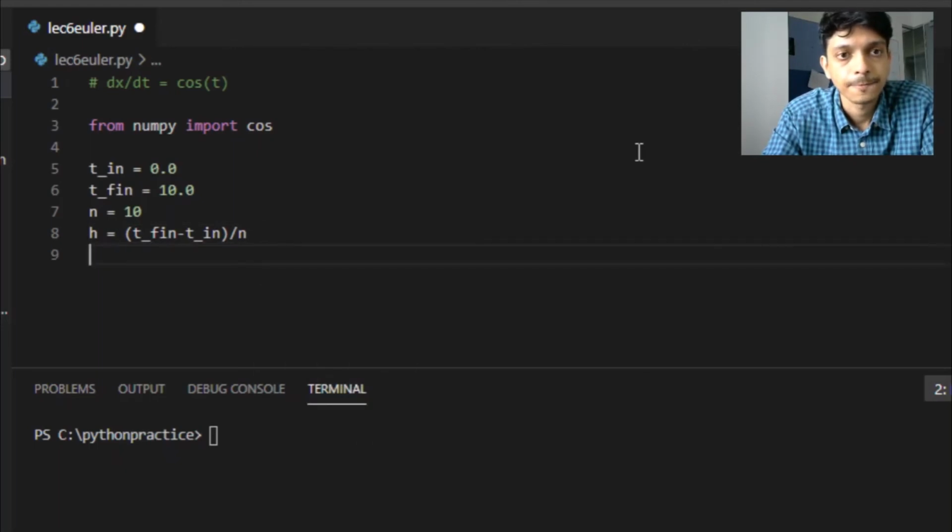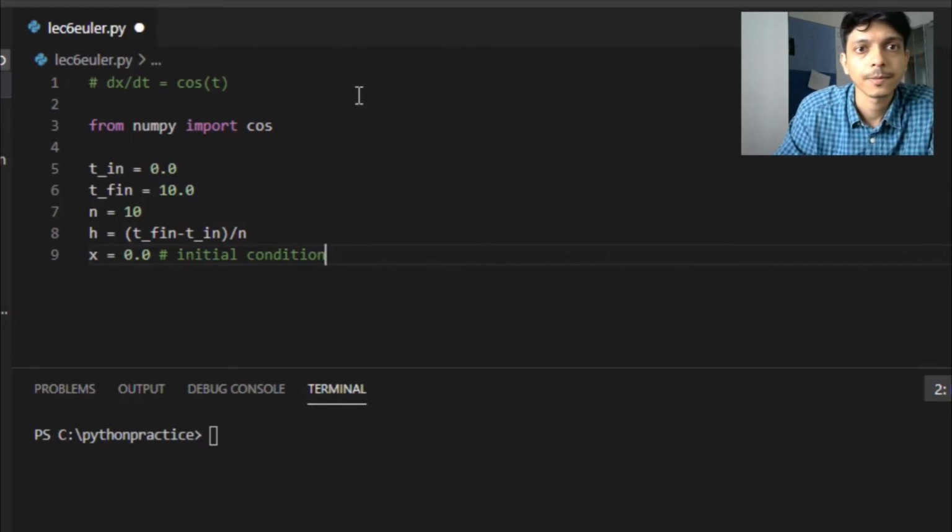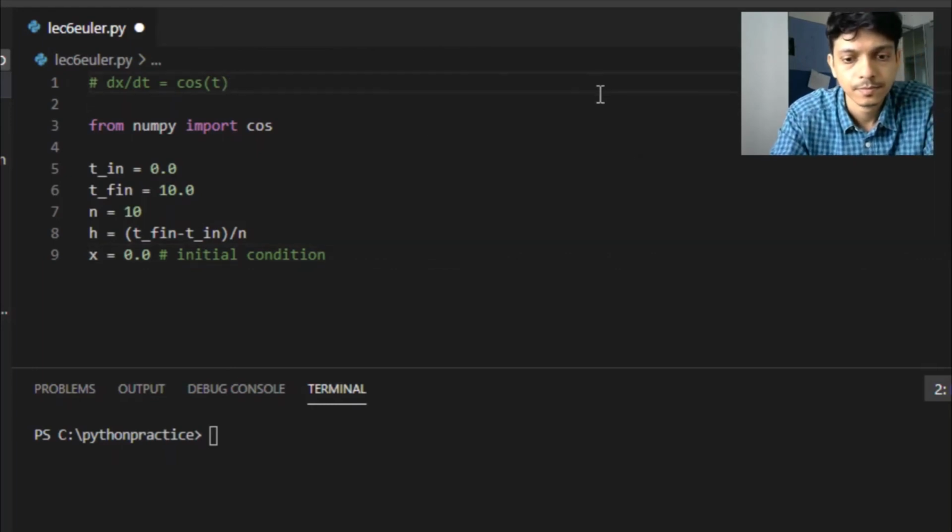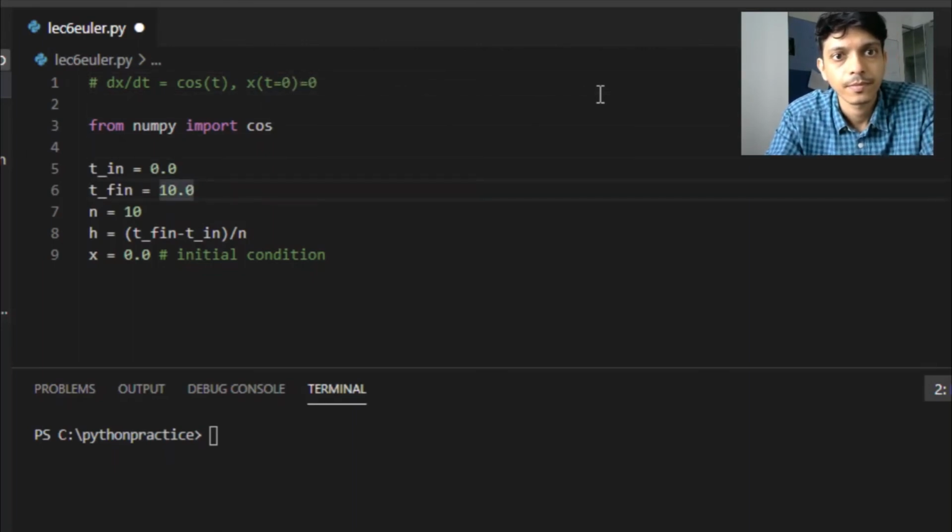What else do I need? I need my initial condition. So let's say x initially is 0 to begin with. This is my initial condition, which is given to me. You always have a differential equation and an initial condition which together you have to solve.